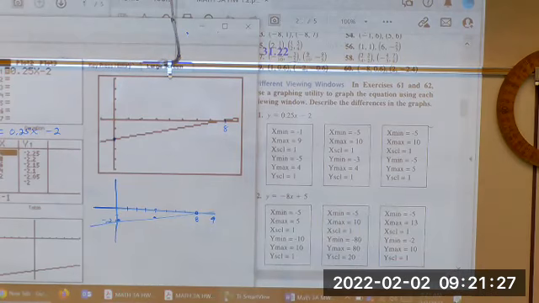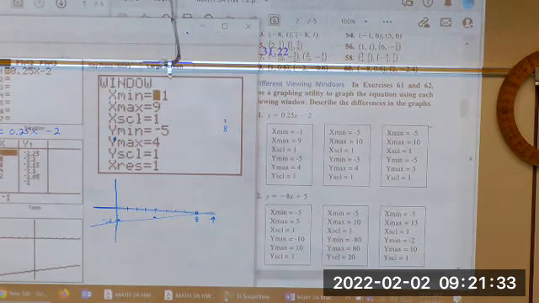Now change the window. They want a new window. Go back to window. X minimum is -5. X maximum is all the way to 10. The x scale is still 1.